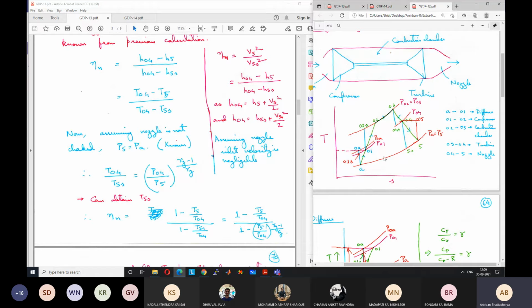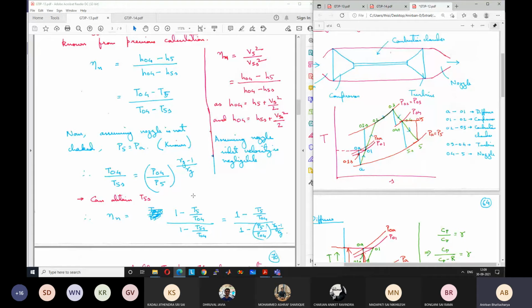For this isentropic process, T04 to T5s, we can write T04 by T5s equal to P04 by P5 to the power gamma minus 1 by gamma, where gamma is the gamma of the gas here, which we take as 1.333. This gives us the temperature for the ideal case, T5s.